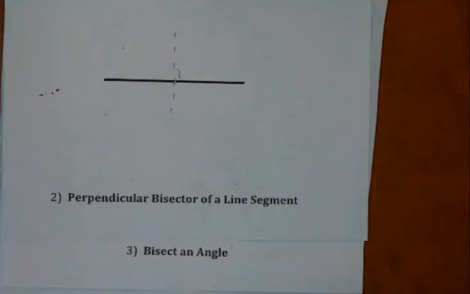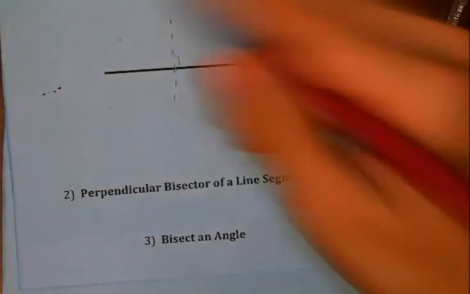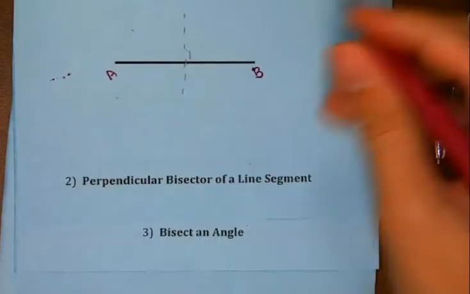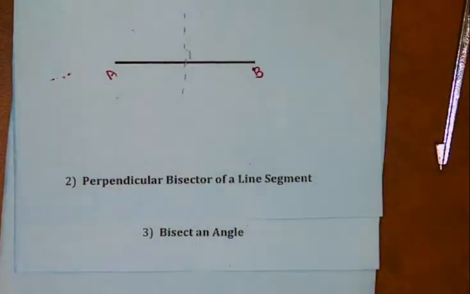So how do you do it? You start off by labeling an A and a B. Most people do.